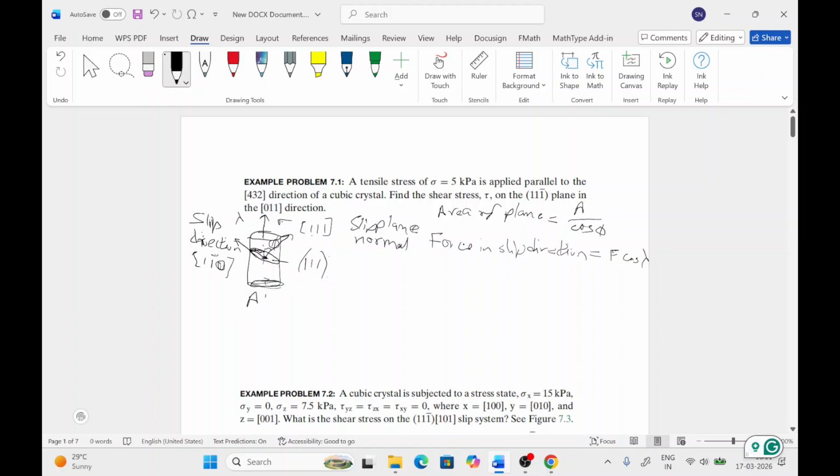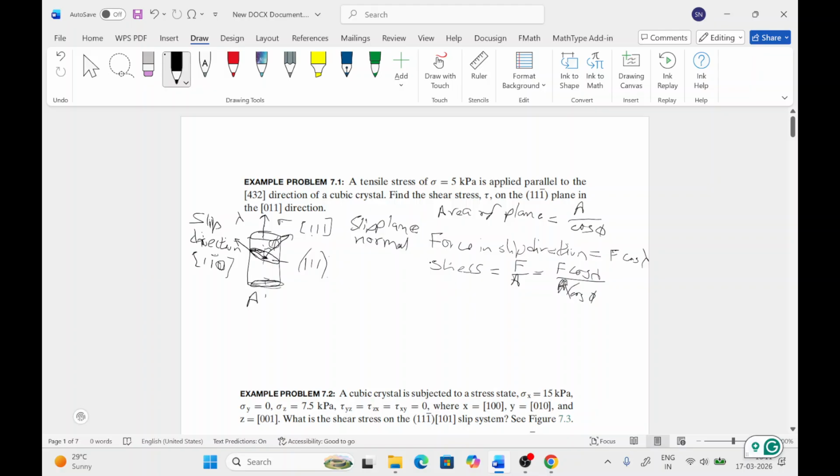To calculate the stress, stress will be F by area, so this will be F cos lambda over A by cos phi. F by A we can write as sigma.